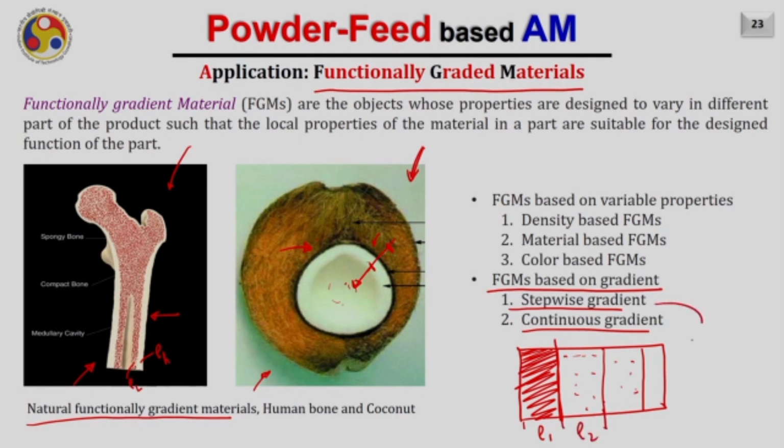So, this is a stepwise gradient. But if I am not able to find any particular line and say that beyond that or after that the value of the material or the metallurgical property is different, then it is the continuous gradient.